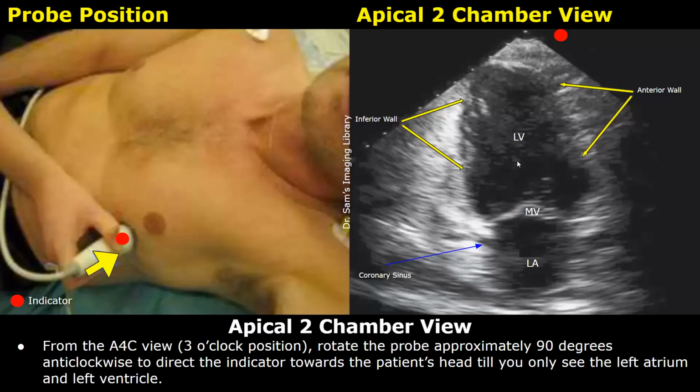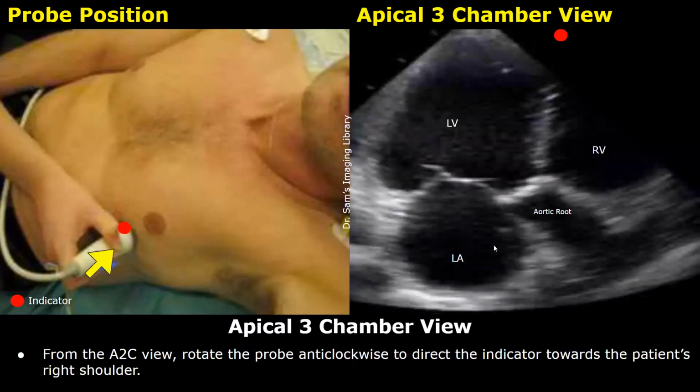From the 4-chamber view, specifically the 3 o'clock position, rotate the probe approximately 90 degrees anti-clockwise to direct the indicator towards the patient's head till we only see the left atrium and left ventricle. This small vessel near the left atrium is the coronary sinus.